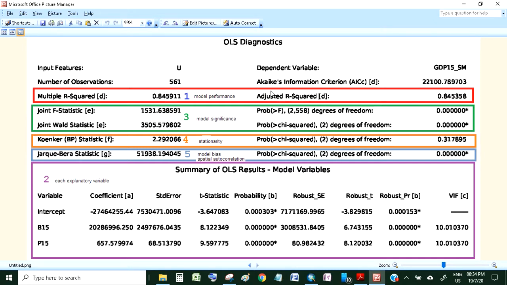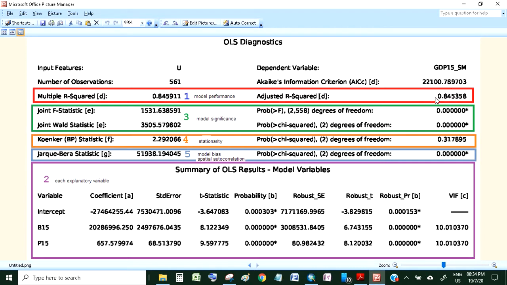The important thing is what R square is explaining here. What does this performance mean? As per this result, population and built-up area are explaining 84% variability in the GDP data of the urban centers.